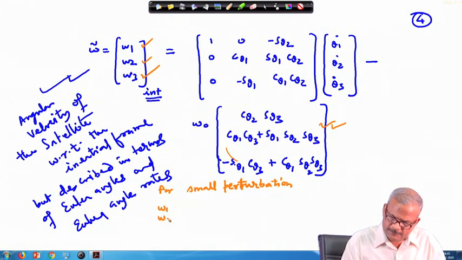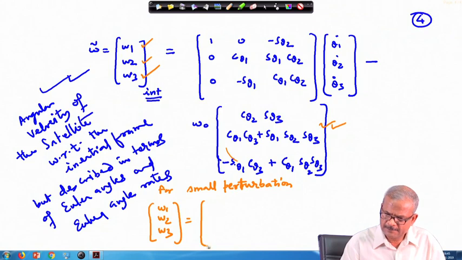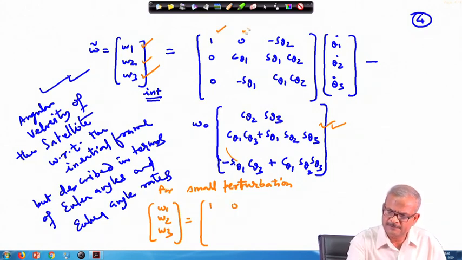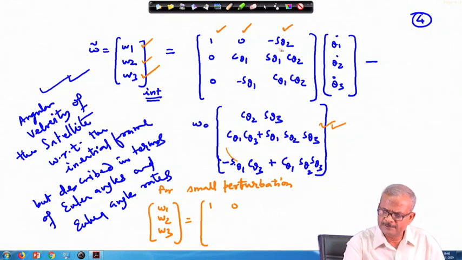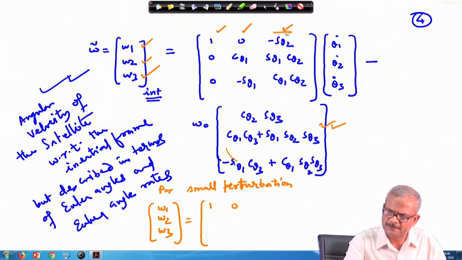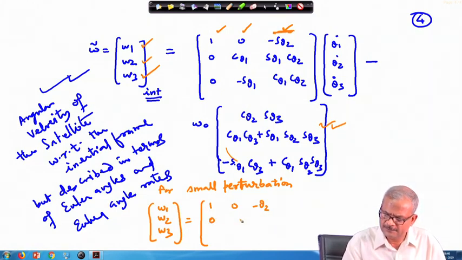Therefore, this omega 1, omega 2, omega 3 can be reduced to the first one remaining 1, this 0 remains 0, and for a small angle, sin theta 2 gets reduced to minus theta 2. Similarly, the others: this is 0, c theta 1 gets reduced to 1, s theta 1 gets reduced to theta 1, and c theta 2 will be 1.